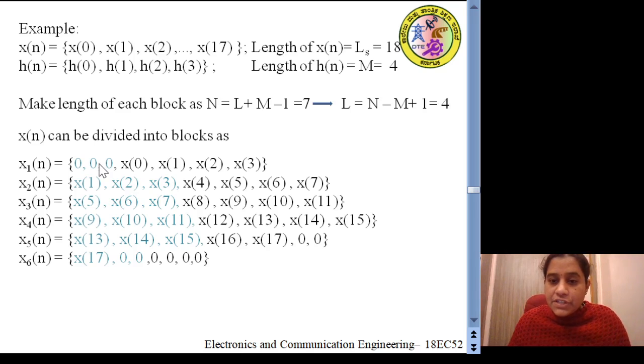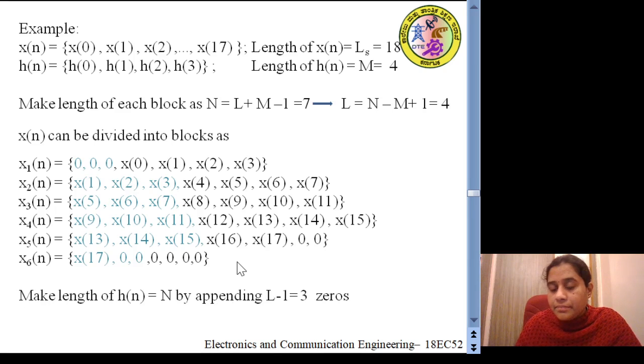The second block will consist of first m minus 1 samples that are a repetitive form of the last m minus 1 samples of the previous block, and we will be taking the next x of n's values. The third block will consist of first m minus 1 samples that are a copy of the last m minus 1 samples of the previous block. So this will be repeated till we obtain this particular thing.